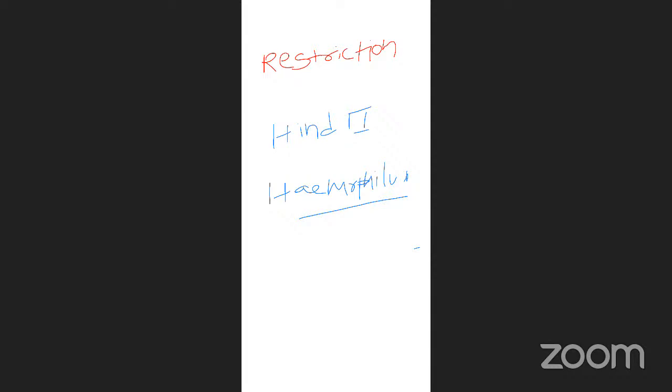Now let's see the types of restriction endonucleases. Are you clear? First, the basics of restriction endonucleases, the function of restriction endonuclease, the activity of restriction endonucleases. Now let's see the types.